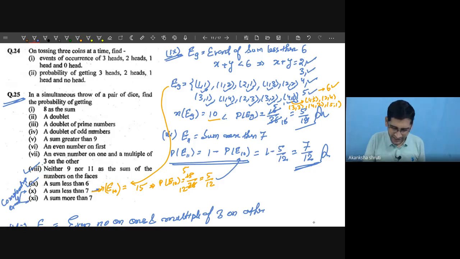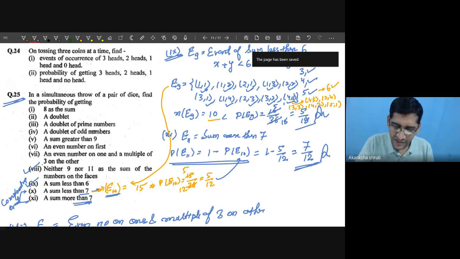Therefore, we have calculated less than 7 directly in PE10, and the more than 7 we have calculated by subtracting 1 minus PE10. That's all. Okay, student, any more doubt then please ask. Otherwise, I have explained related to each and every question. So this was all about our die.